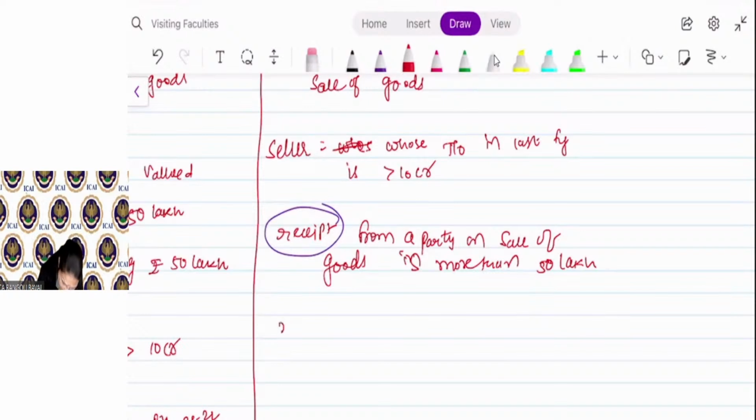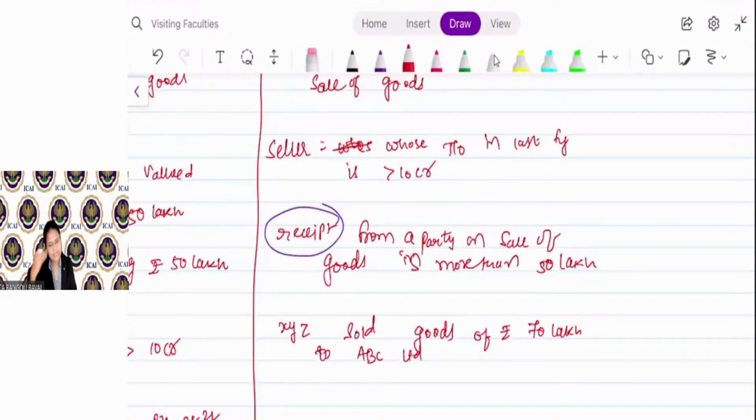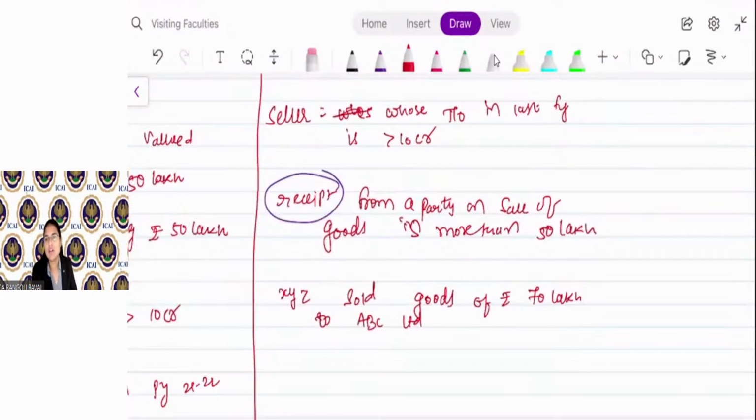Say for example, XYZ sold goods of rupees 70 lakh to ABC Limited. XYZ's turnover in last year is more than 10 crore. So at the time of sale, you are not required to collect TCS. At the time of receipt, when you receive the payment, you will have to collect TCS.